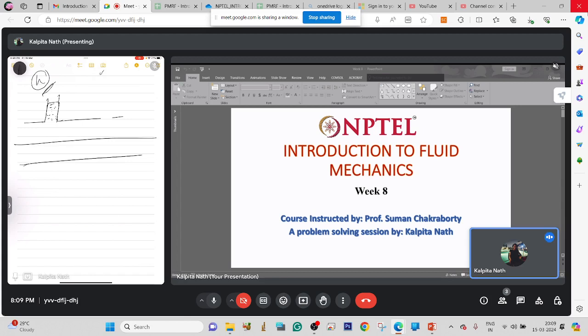So this is the center line, this is point A, this is point B. If we apply a tube on a horizontal pipe by making holes in it, the height up to which the fluid rises will give an idea of the local pressure at that point. If we consider the streamlines to be parallel, then the pressure at the center line, that is A, will be equal to that at point B.